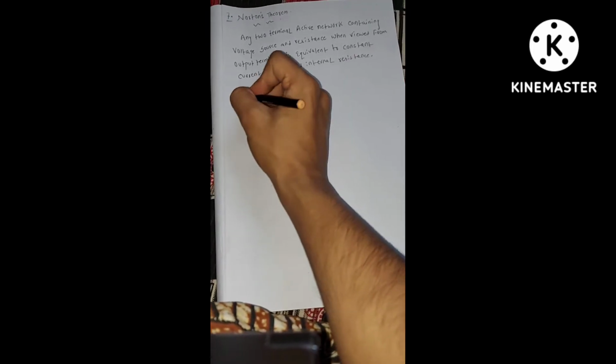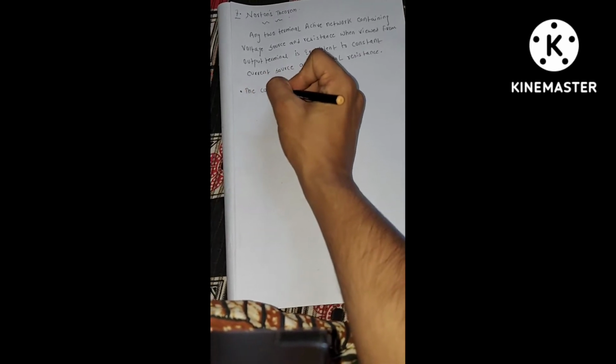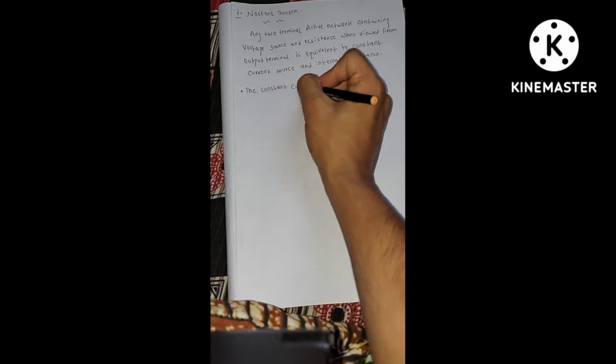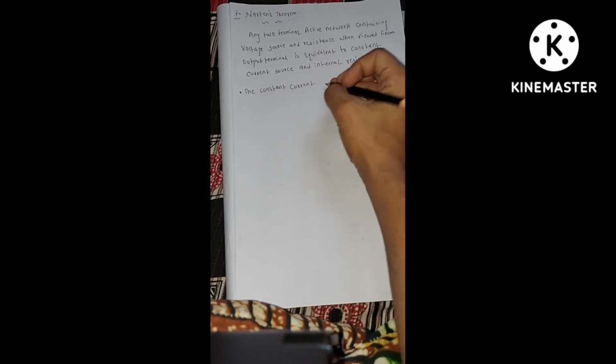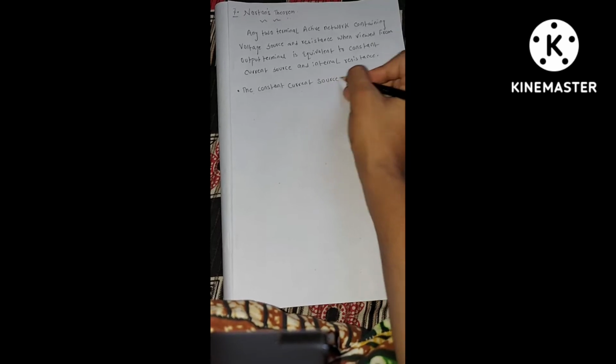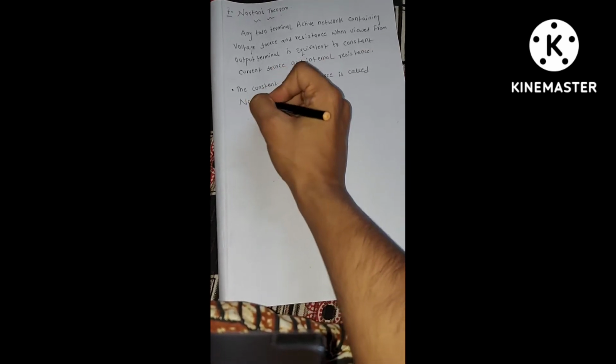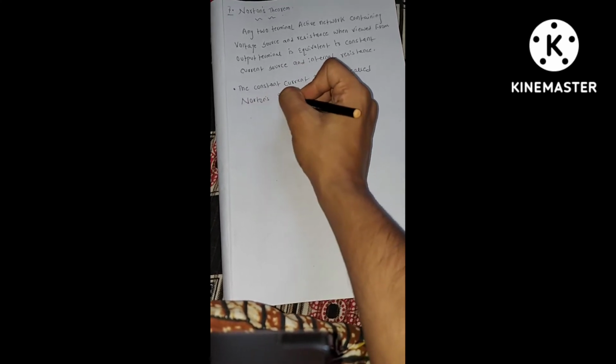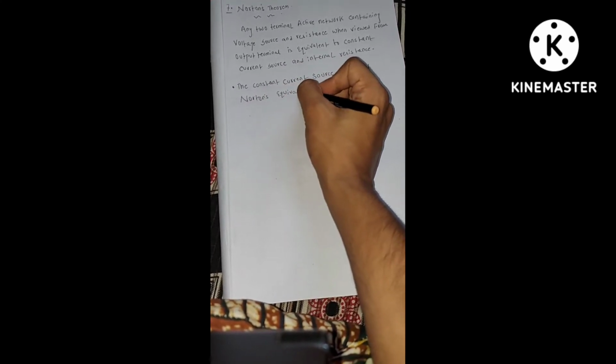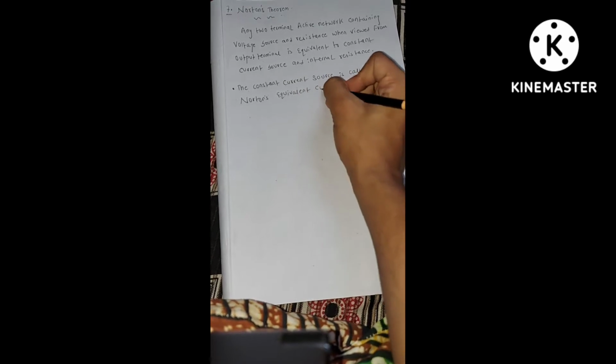The constant current source is called Norton's equivalent current source.